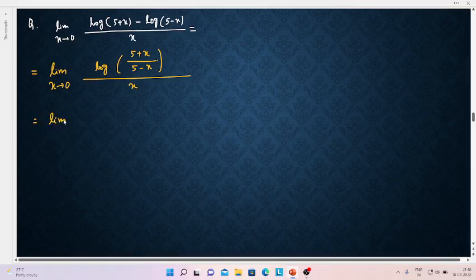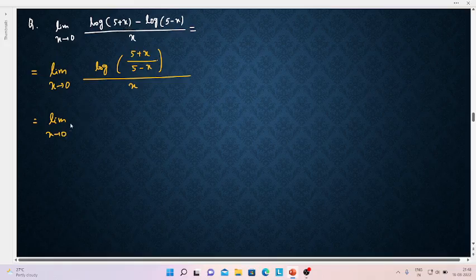When we substitute the value of x, that will become 0 upon 0, an indeterminate form. So you can't solve this limit by substituting the value of x.